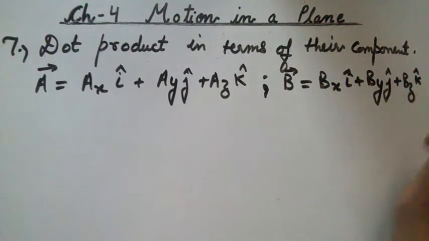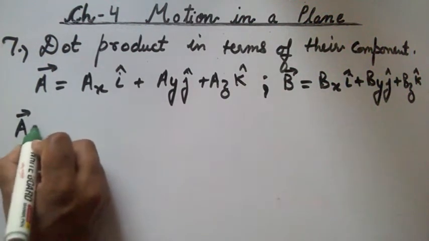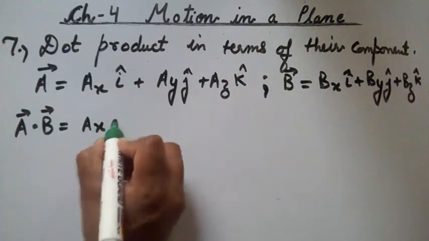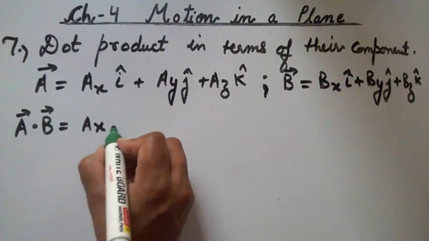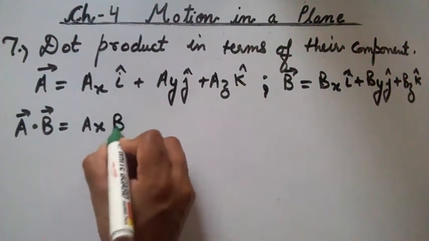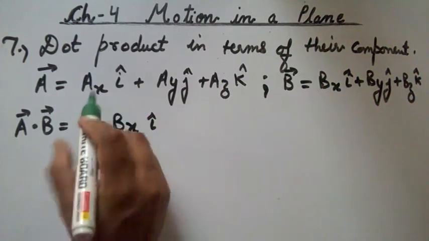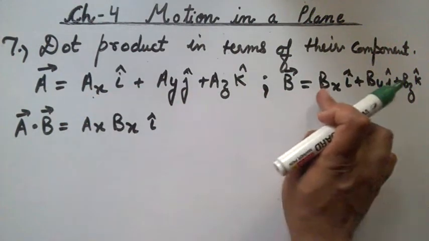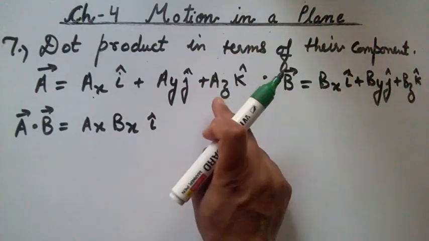Then their dot product can be written as the product of Ax into Bx. Now we can multiply Ax with all the three terms, then Ay with all these three terms, then Az with all these three terms.